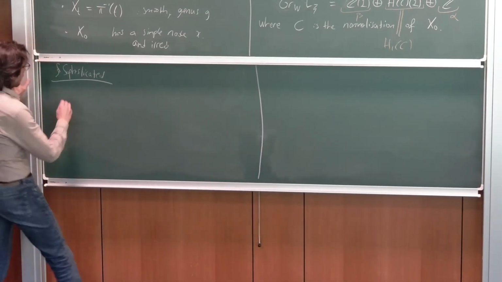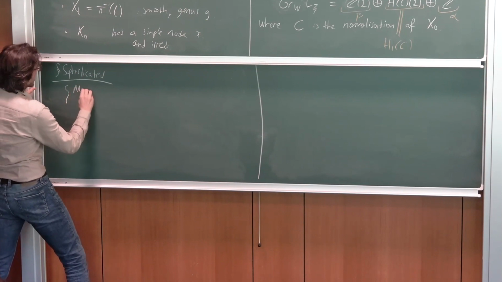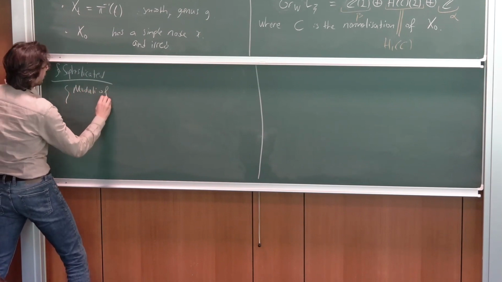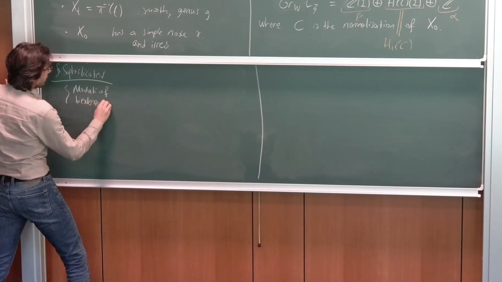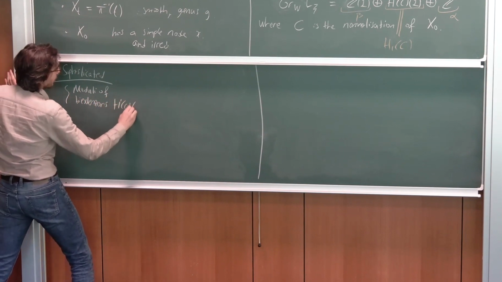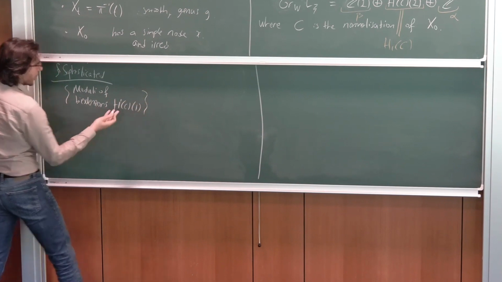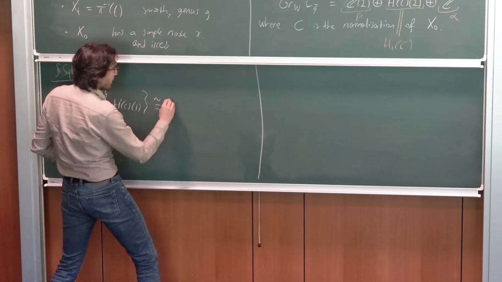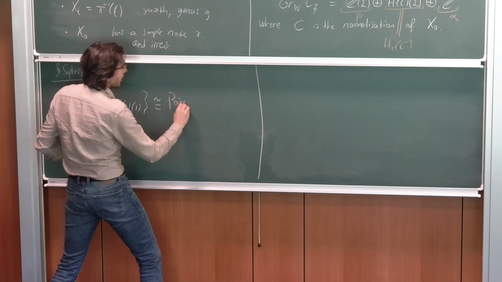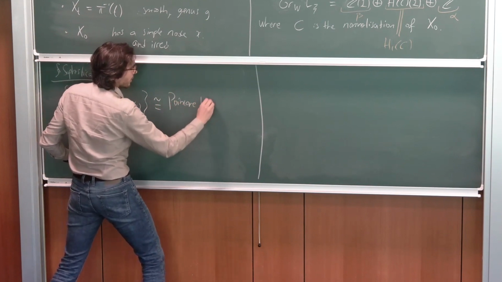So there's a moduli space of bi-extensions, let's say of H1, C1. I mean, any pure Hodge structure of weight -1, that's what you take. This becomes identified with the Poincare bundle over the Jacobian.